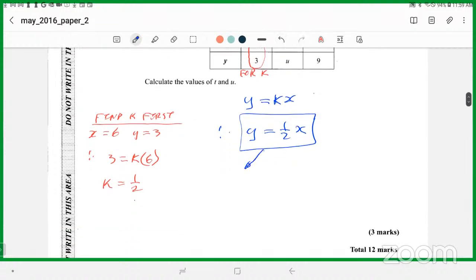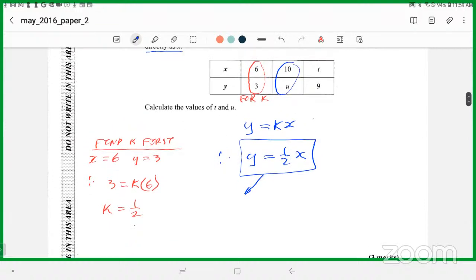First, this pair: x equals 10, y equals u. Plug these values into this formula. So we can say, therefore, the y is u. So u equals half of the x, which is 10.